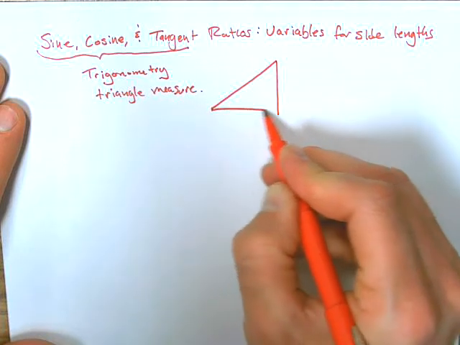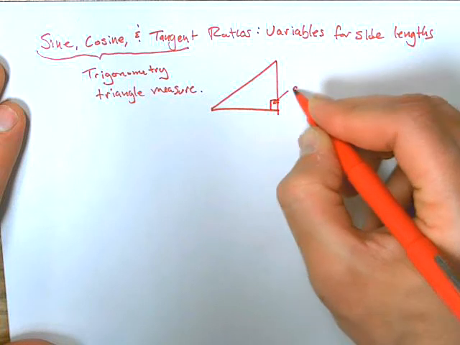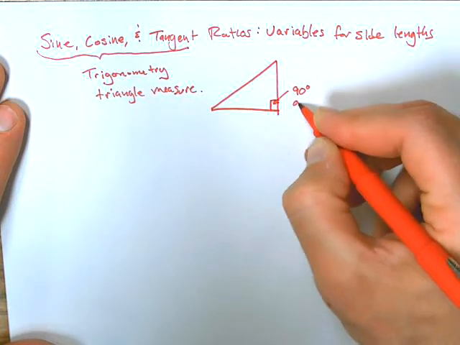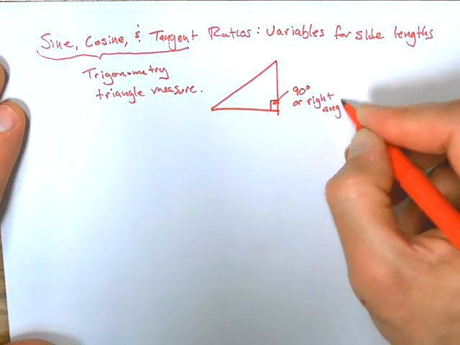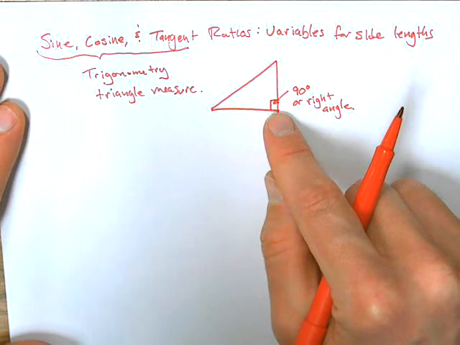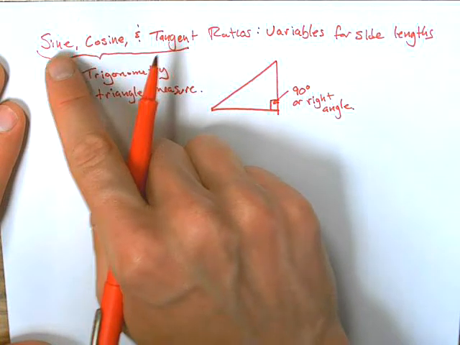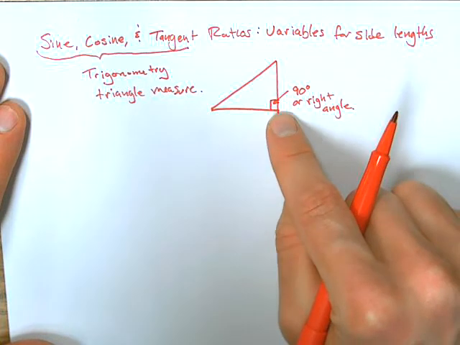So when we have a right triangle, what that means is there's got to be a 90-degree or right angle in the triangle. So trig and these ratios, sine, cosine, and tangent that I'm going to show you apply to right triangles that have a 90-degree or right angle in them.